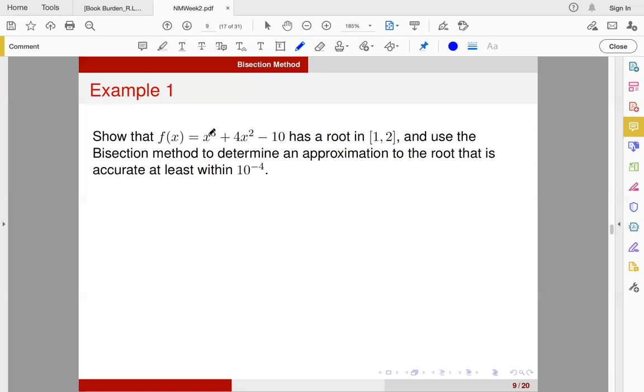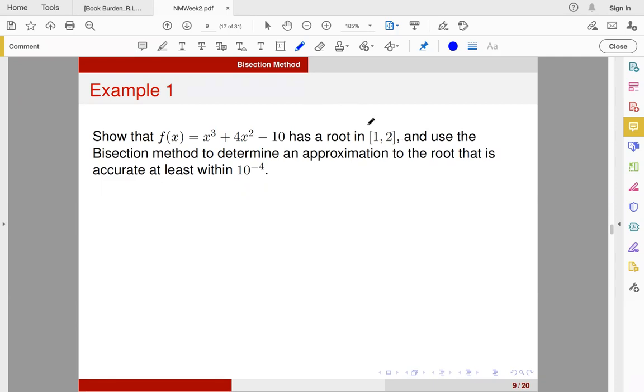Jadi paling banyak dia mempunyai 3 akar. There are 3 values, C1, C2, and C3, such that f(C) equals 0 for each C. We don't have to find all of those 3, we just find one point. That's enough.